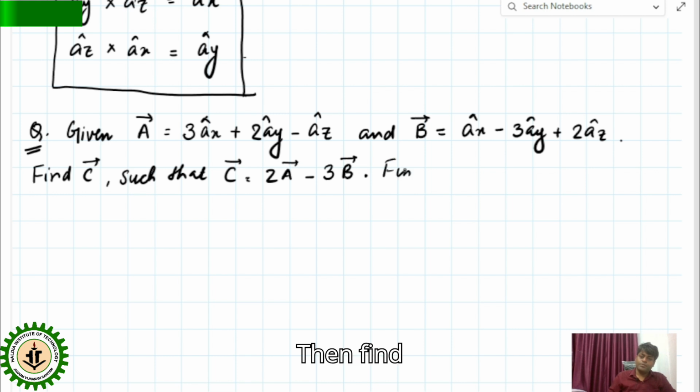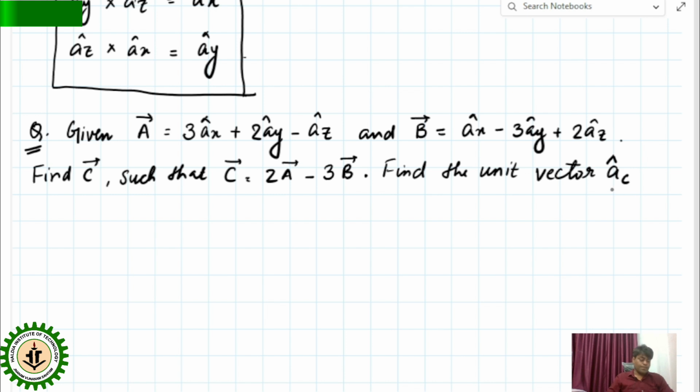And find the unit vector AC and the angle it makes with the z axis.